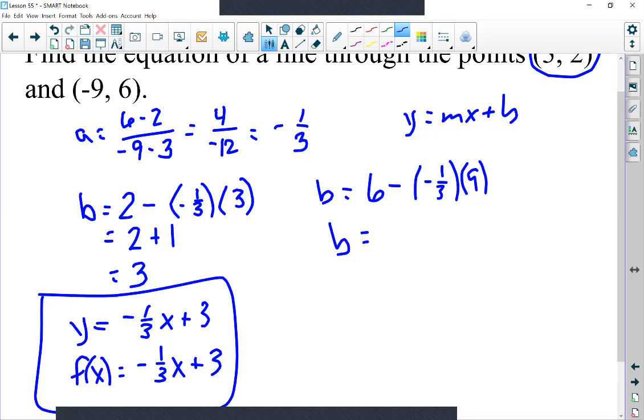The negative matters. So it'd be 6 minus 3, which is 3. Keep track of those negatives.